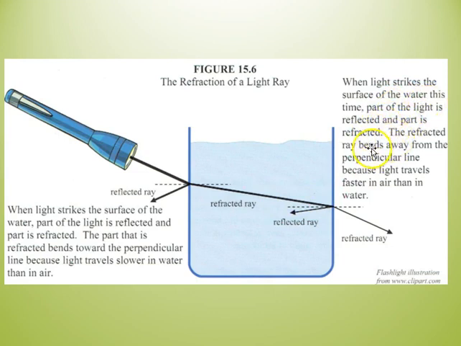The refracted ray bends away from the perpendicular line because light travels faster in air than in water. So here's the perpendicular line, and the ray is actually bending away from it. In this case, here's the perpendicular line, and the ray is bending towards it. So if it had traveled in a straight path, it would have gone down this way. But because it was slower in water, it bends up towards that perpendicular line.